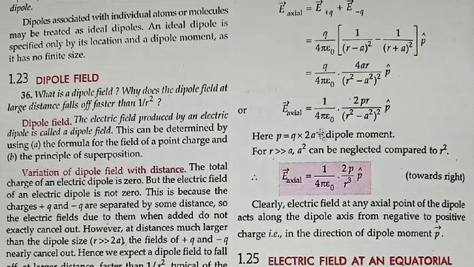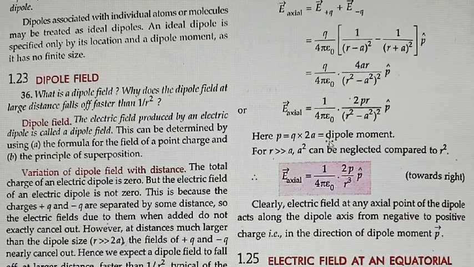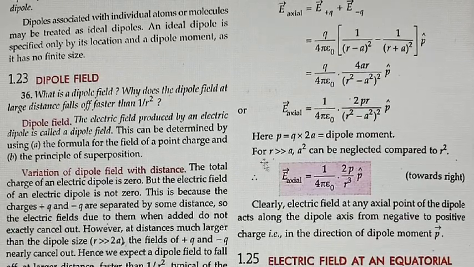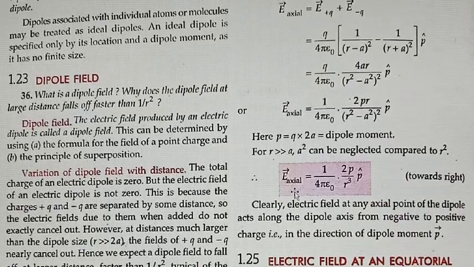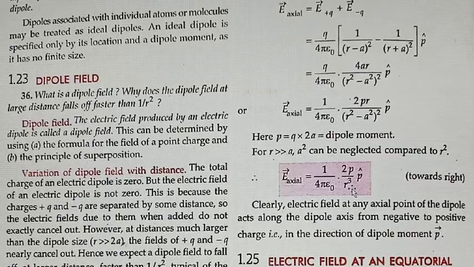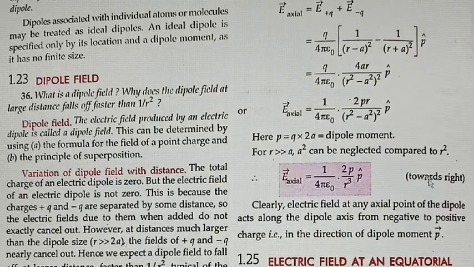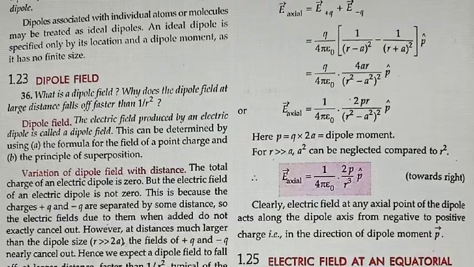Already we have introduced dipole moment p is equal to q into 2a, and for r very much greater than a, we can neglect the higher power of a. So doing all this, you can get the final expression as E axial is equal to 1 by 4 pi epsilon naught, 2p by r cube, p cap. That means direction of net electric field is along the direction of dipole moment, towards right. You can see the diagram.